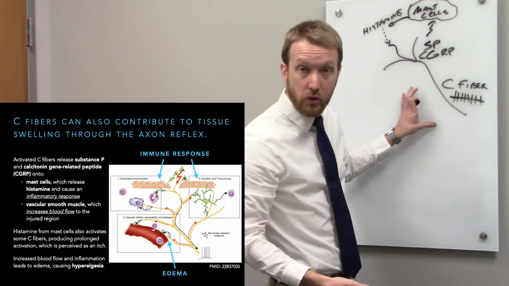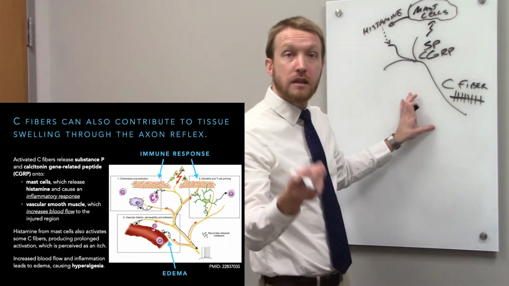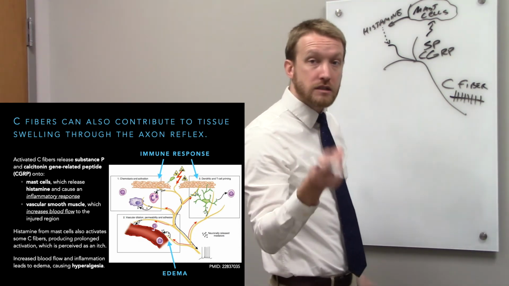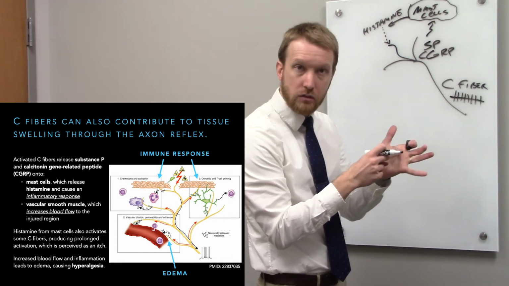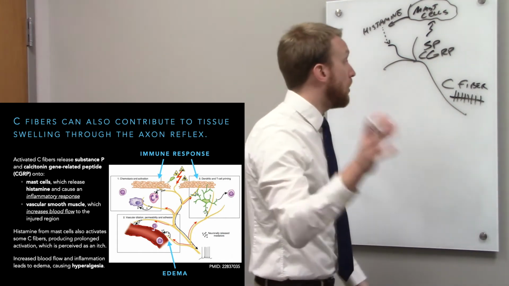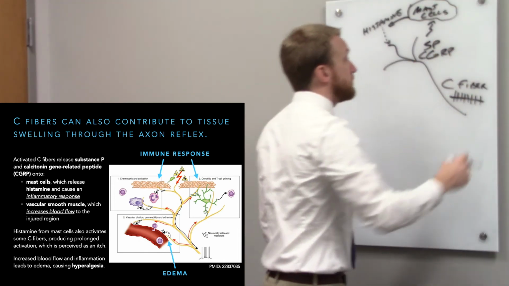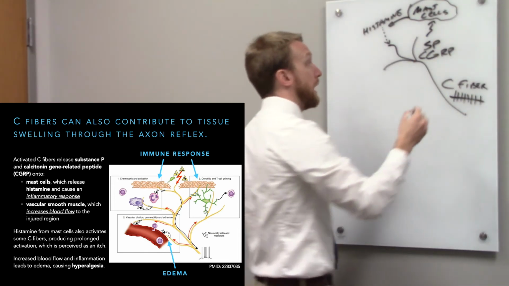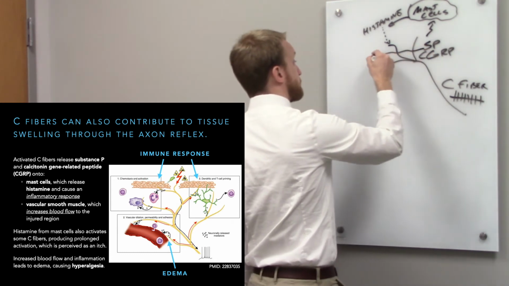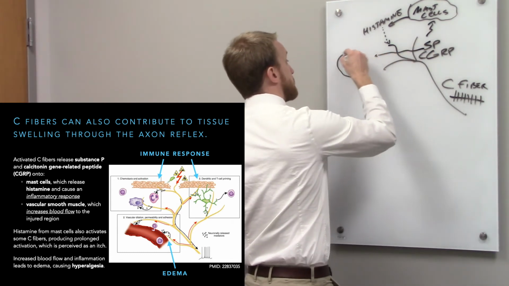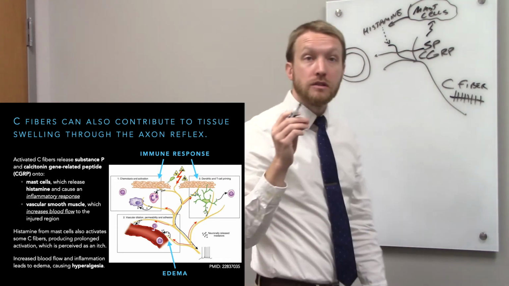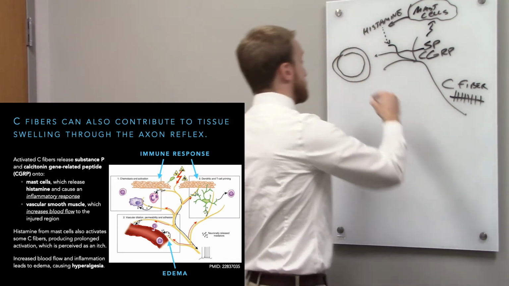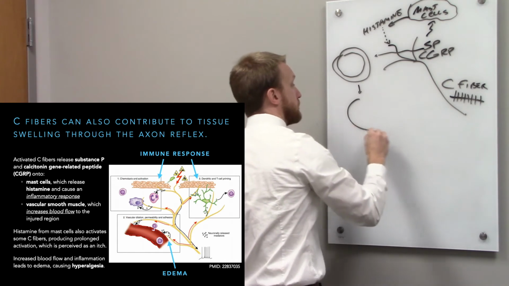And this is going to help prolong pain. It's also going to make them a little more sensitive, a little more excitable, and so the area is a little more painful. Substance P and calcitonin gene-related peptide are also going to act on vascular smooth muscle cells. And what it's going to do is cause them to relax. That's going to lead to vasodilation.